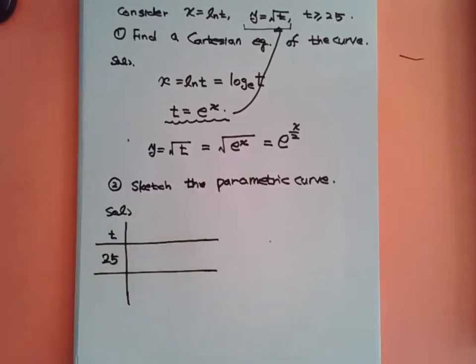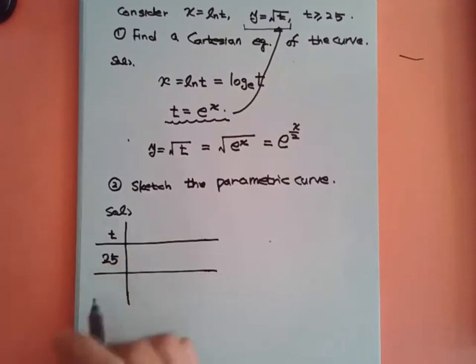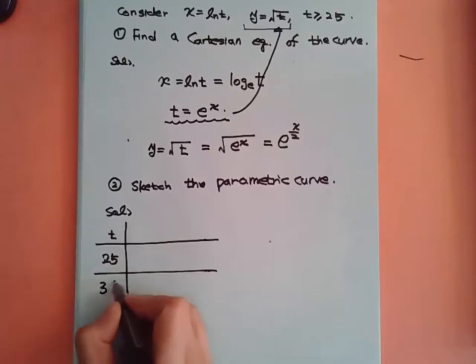So when we pick the next point, maybe it is better not to choose like 26 or 30 because we have to calculate the square root of that number. So this is 5 to the second. And so I will go with 6 squared, which is 36.